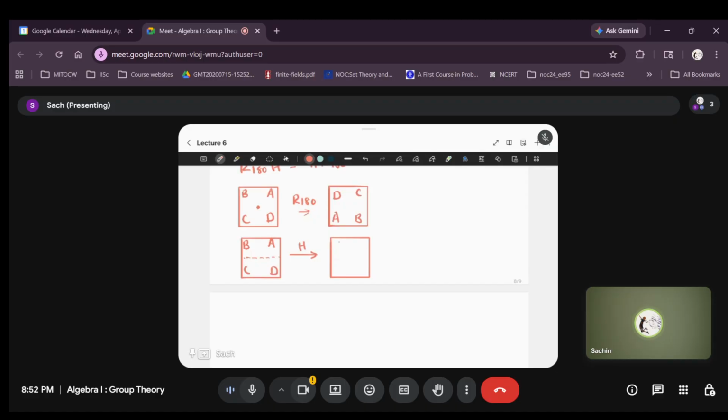So you'll interchange C and B, you'll interchange A and D, right? You're sort of reflecting along this axis from here to here and reflecting from here to here.